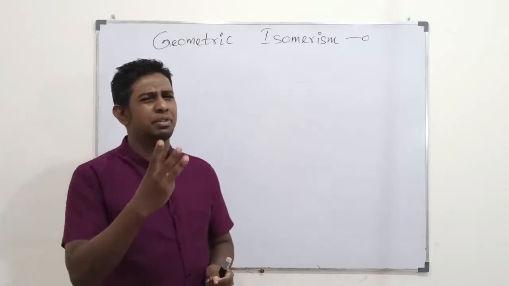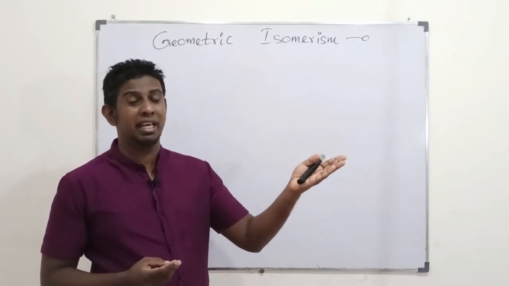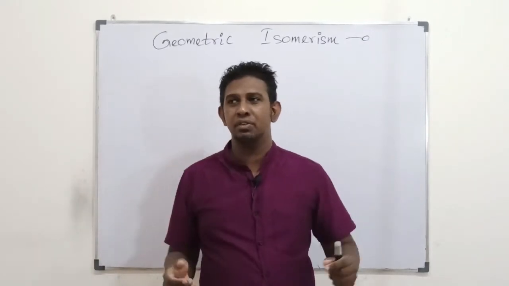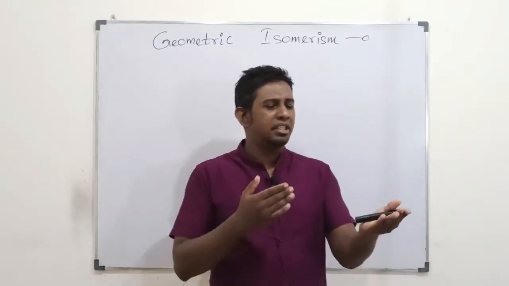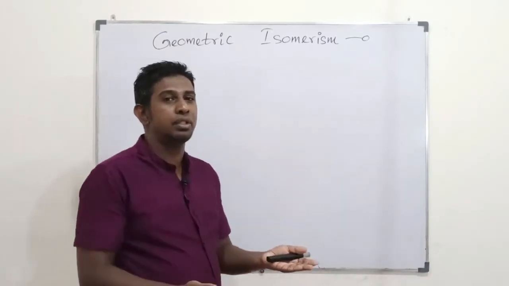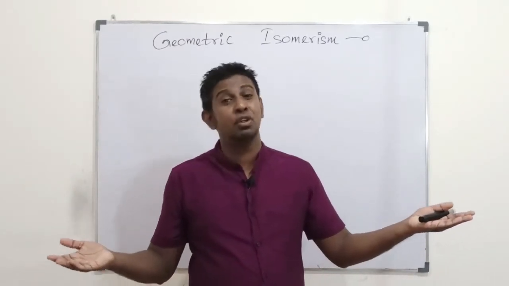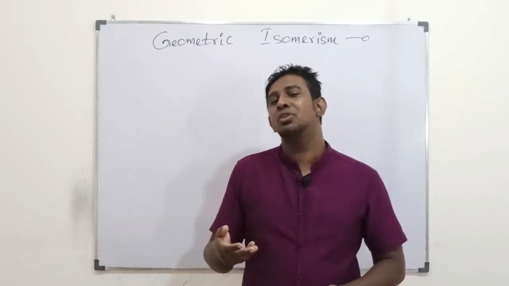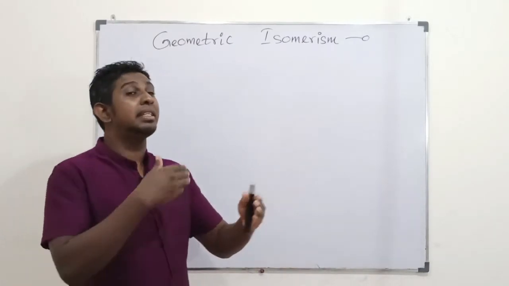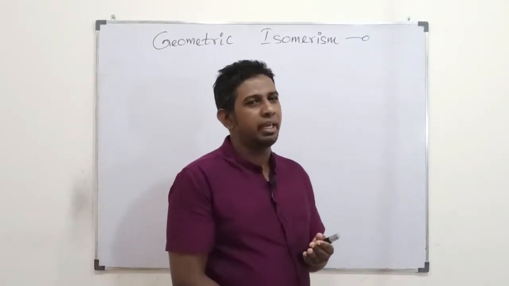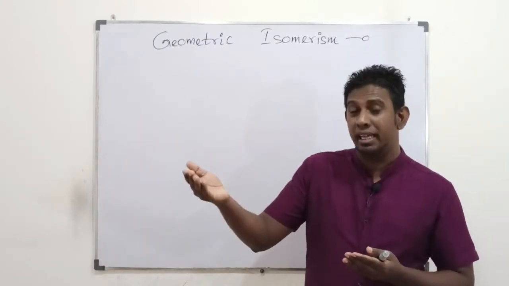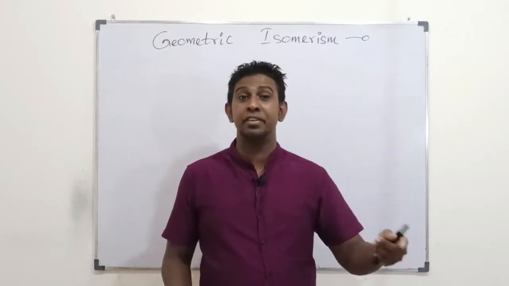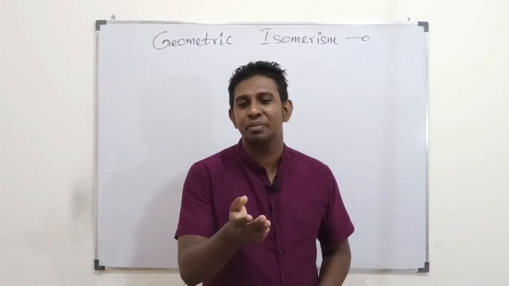There are three types within structural isomerism. Changing the main carbon chain is chain isomerism. Changing the position on the main carbon chain of alkyl groups or functional groups is position isomerism, and changing the type of the functional group is functional group isomerism.